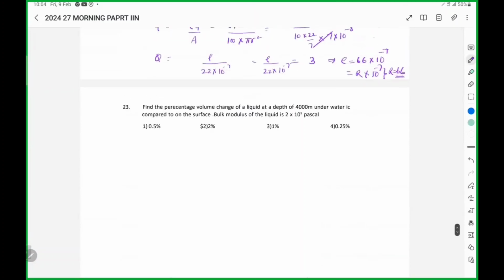So the percentage of volume change of a liquid at a depth under water compared to on the surface.